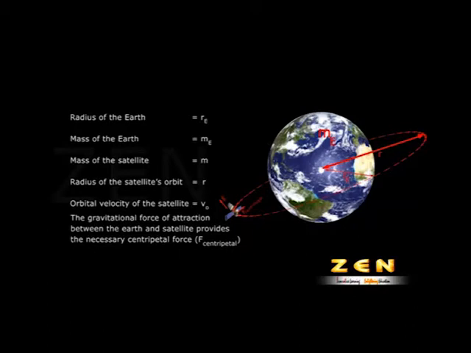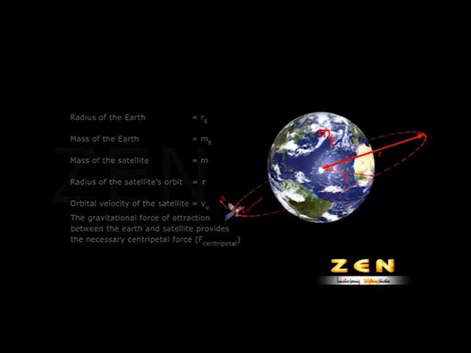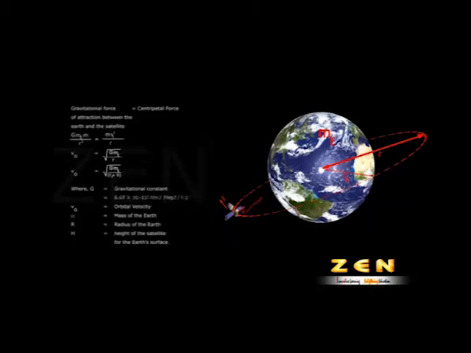The gravitational force of attraction between the Earth and the satellite provides the necessary centripetal force. Therefore, G M_e m by r square equals m v_o square by r.